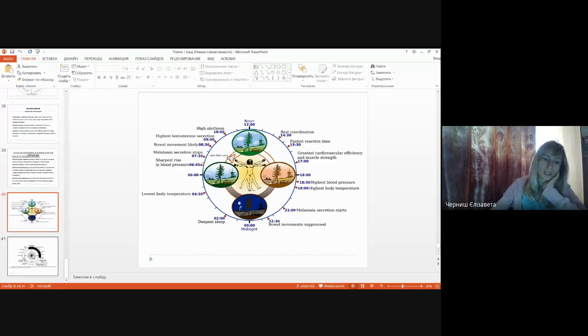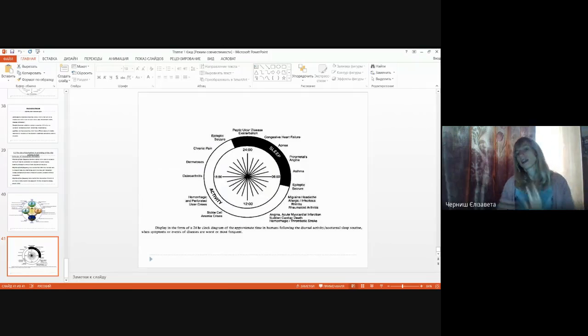The next slide presents, for example, a display of the 24-hour clock diagram of humans, the approximate time in humans following the general activity, sleeping routine, and symptoms of diseases that have the most frequency or are worst.